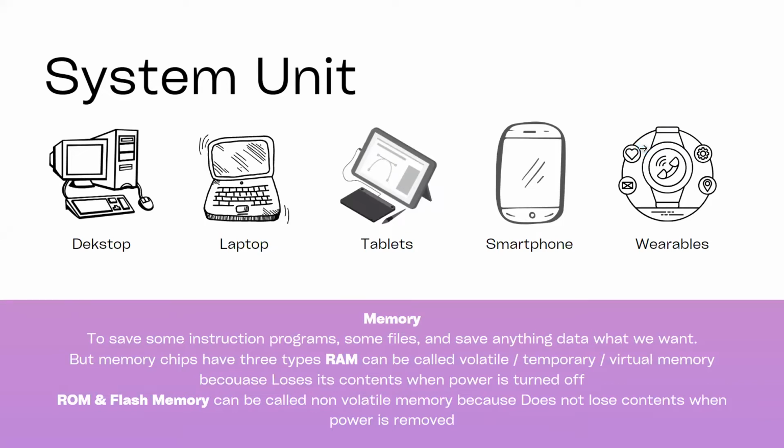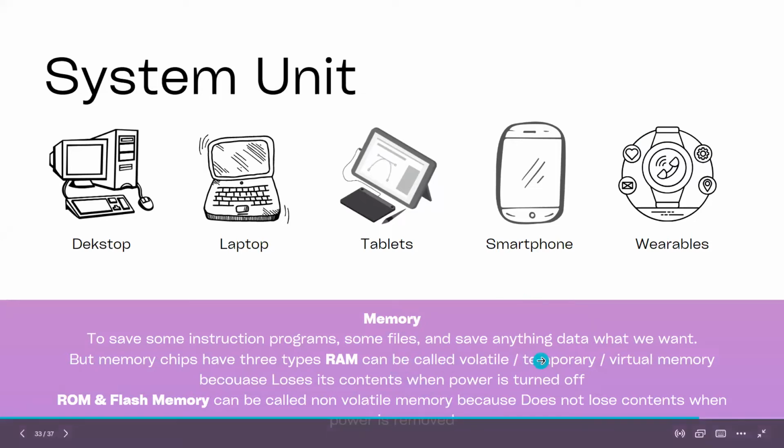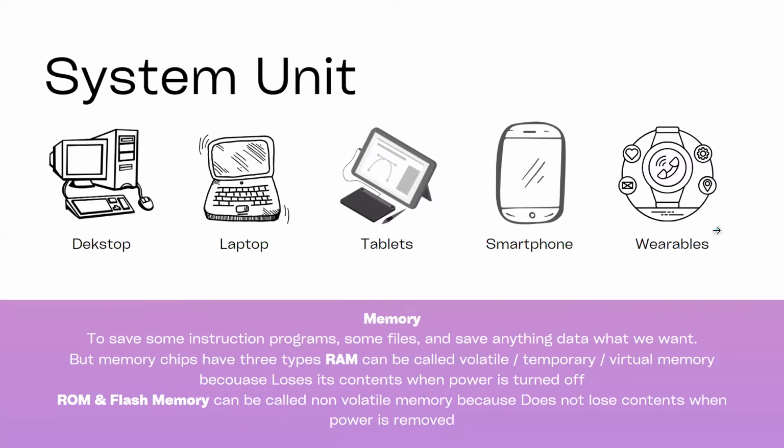The function is to save program instructions, files, and any data we want. But memory chips have three types. RAM can be called volatile, temporary, or virtual memory, because RAM loses its contents when power is turned off.